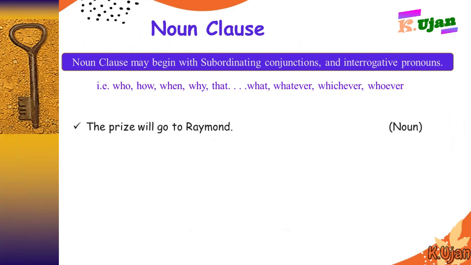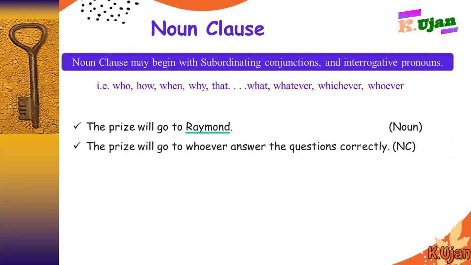The prize will go to Raman. So Raman is a noun. So how are we making a noun clause out of this noun? The prize will go to whoever answered the question correctly. So whoever answered the question correctly is a noun clause because it is used instead of the noun Raman.